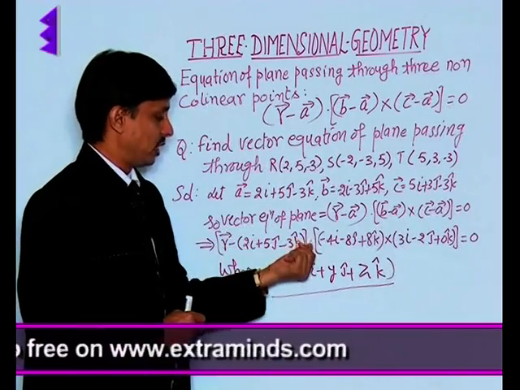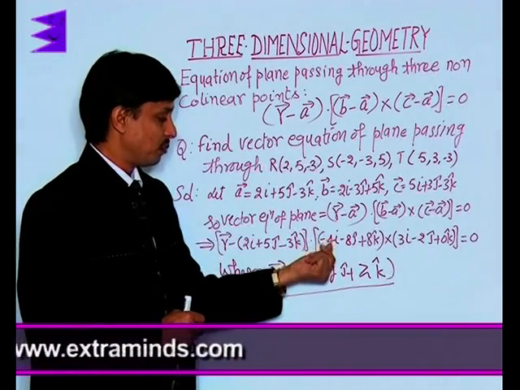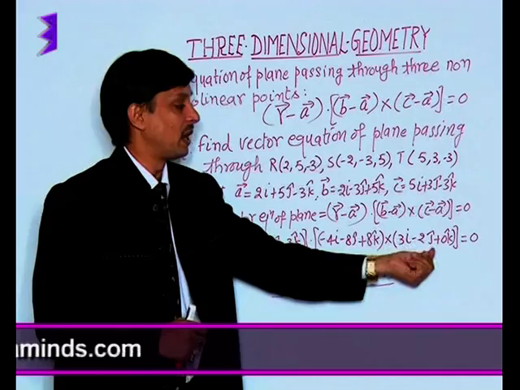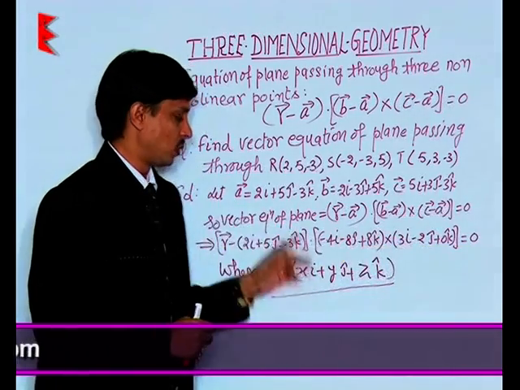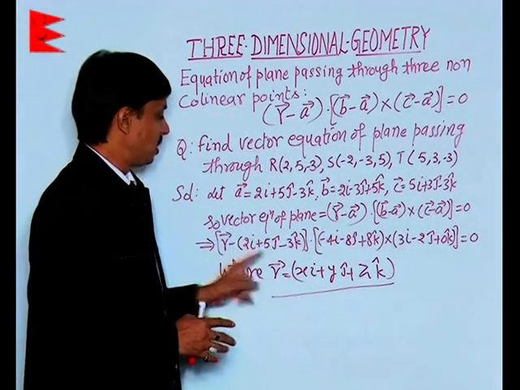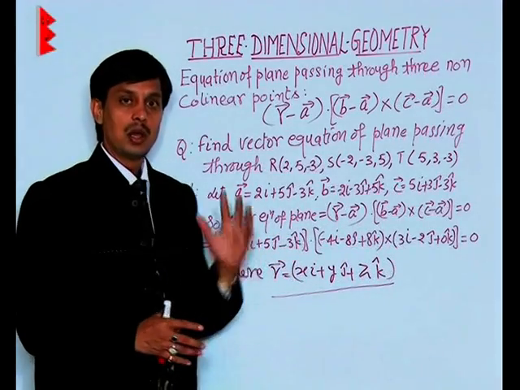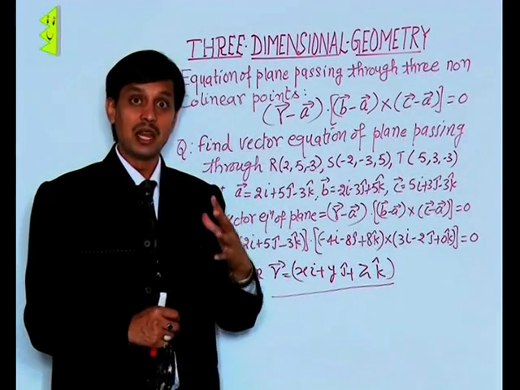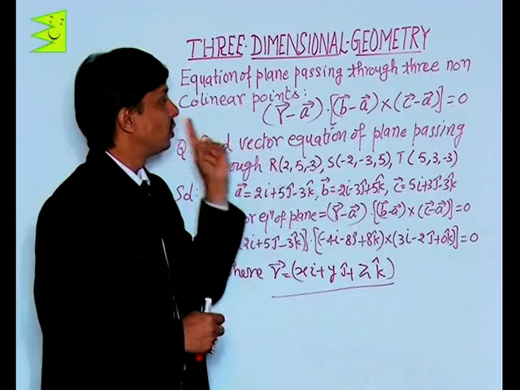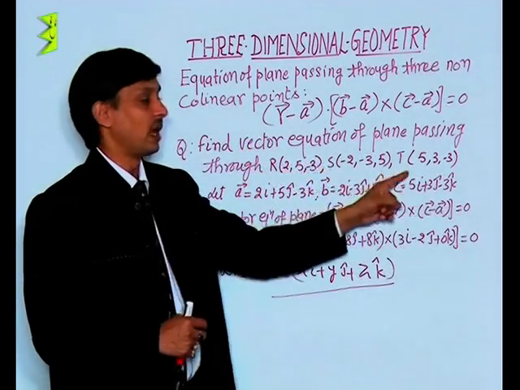R minus A dot, what? B minus A cross C minus A is equal to 0. So ultimately this is the vector equation of the plane which is passing through the three given points.